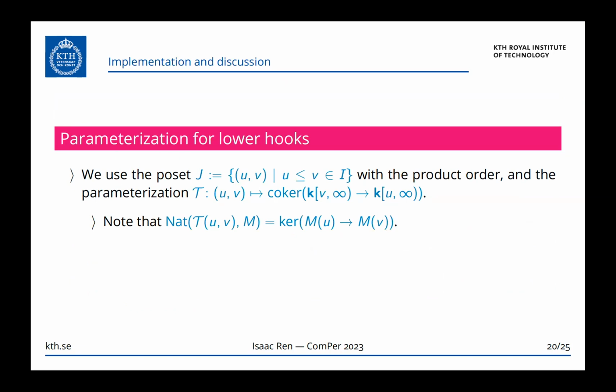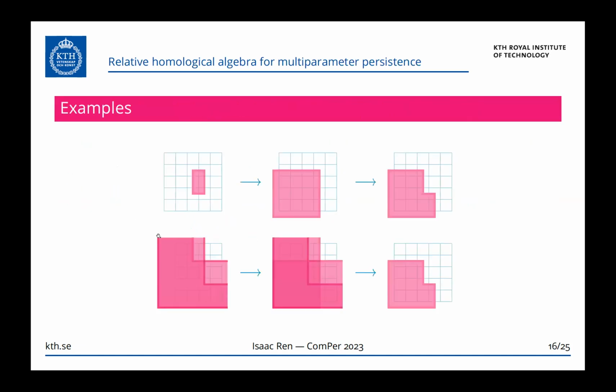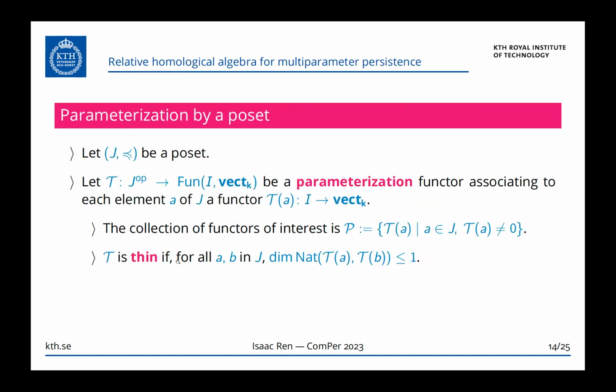So it's almost that. So we take J to be a poset that you define, usually it's defined based on I. So first of all, it's a poset. So it's not like an arbitrary category, but given the constraint of thinness, it's actually quite similar.